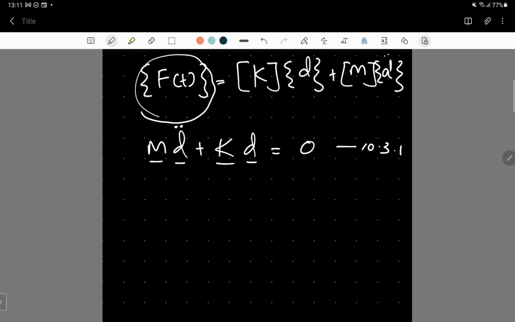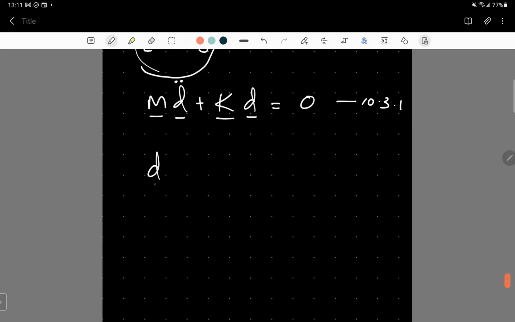So the standard notation for, let's say, d(t) for a harmonic equation in time can be represented using this function, where d-dash acts as an amplitude, times e to the power i omega t. I think you are quite familiar with this notation. This is a standard solution for a function representing a harmonic equation in time.